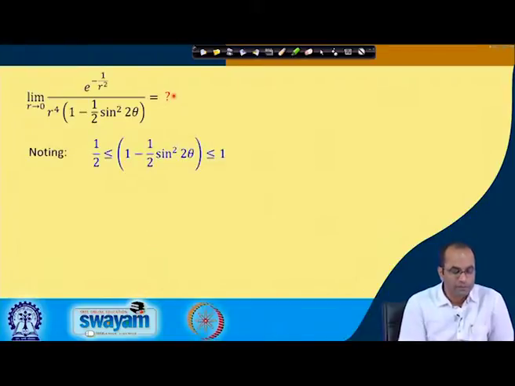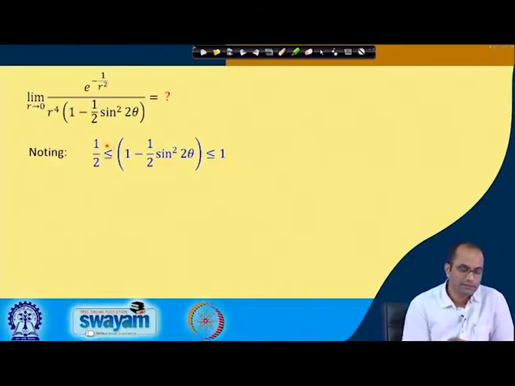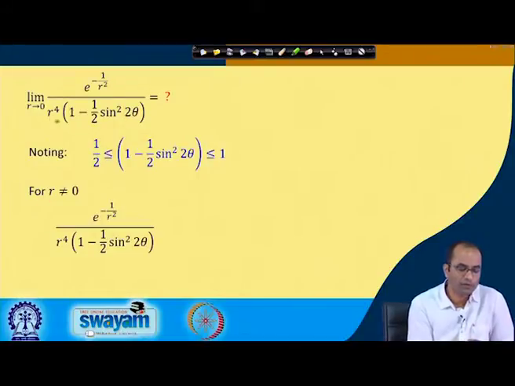So, what is the limit? We have to note that this term, 1 minus half sin square 2 theta, lies between half and 1. It is 1 when theta is 0, and it becomes half when sin square 2 theta is 1. So for r not equal to 0, we can estimate the whole term: 1 over r square and 1 minus this term.